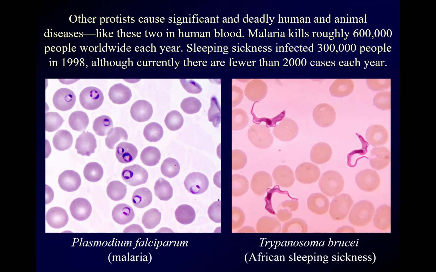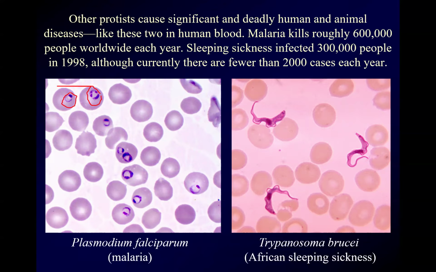These are both stained views of human blood. The round things that you're seeing are human red blood cells. These are what carry oxygen from your lungs to the rest of your body. And inside some of these red blood cells, you can see these little things that look like rings. There's one right there, and there's one right there, and there's a bunch of them, look like little diamond rings.